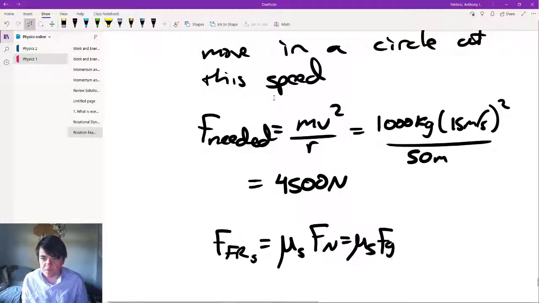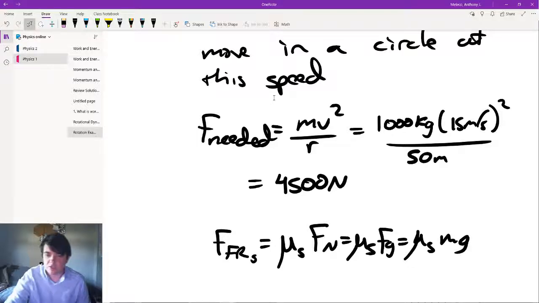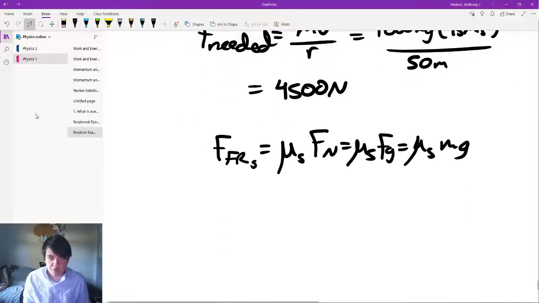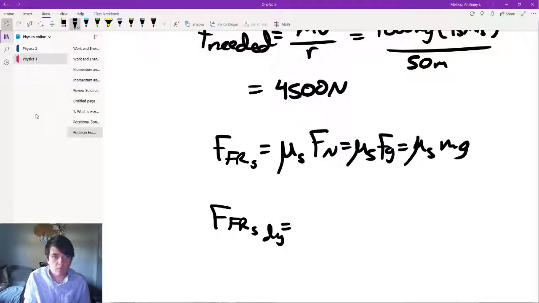It's mu s Fg, and the force of gravity is mg, so mu s mg. So this is for the dry case.